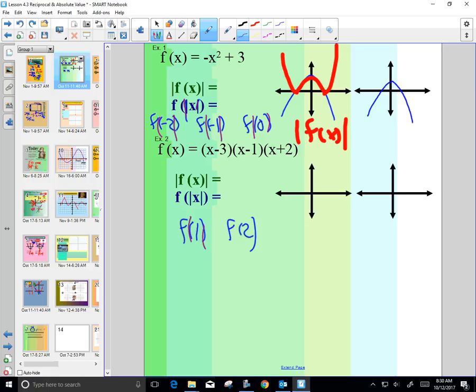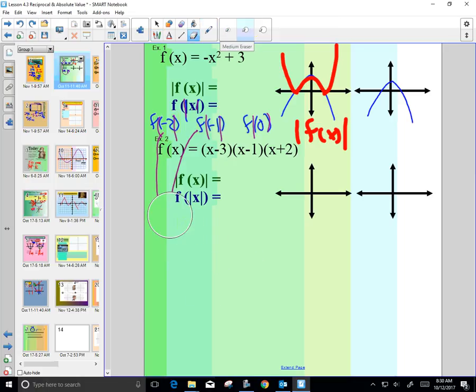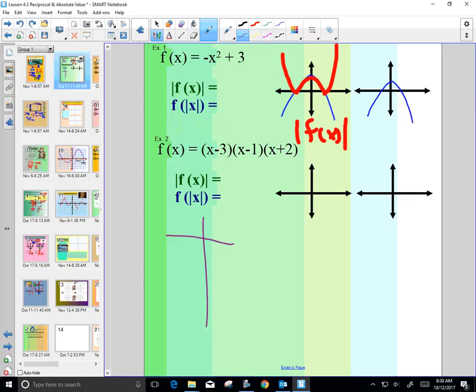Positive. They become positive, right? So this one here is going to be compared how to this one? The same. This one is going to be compared how to this one? The same.